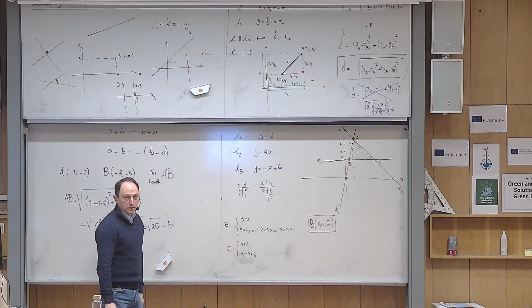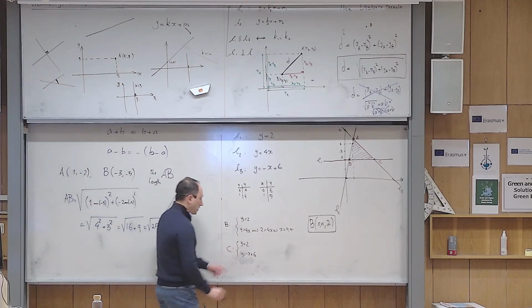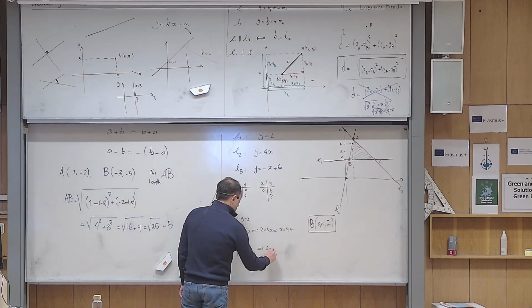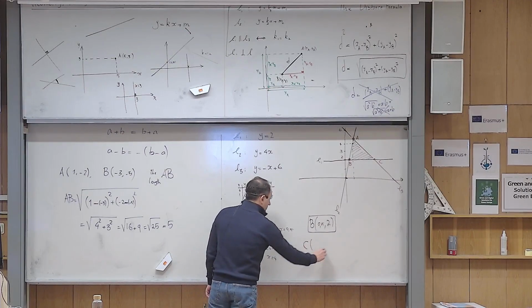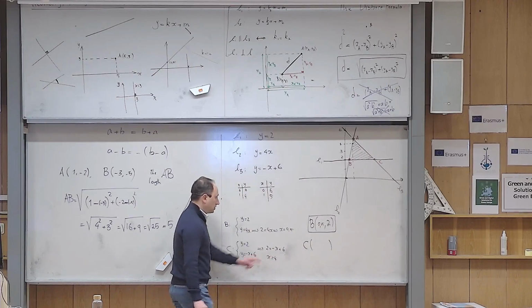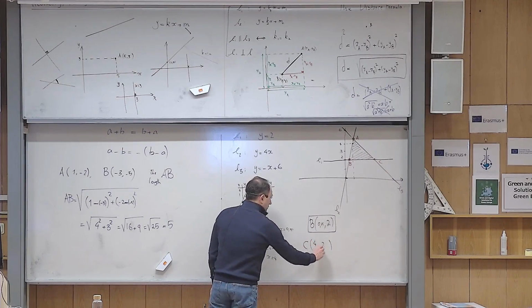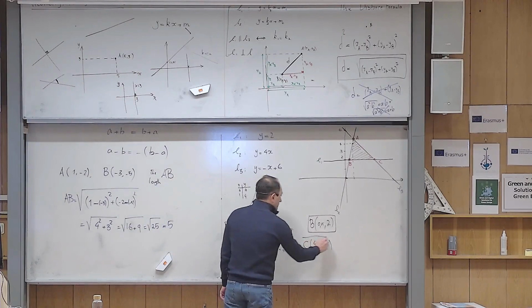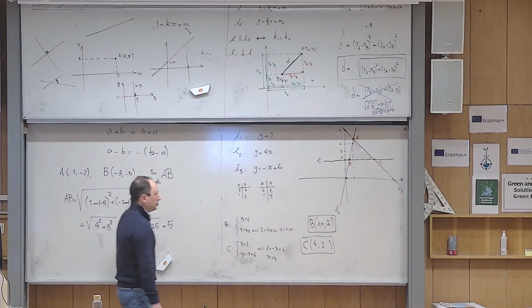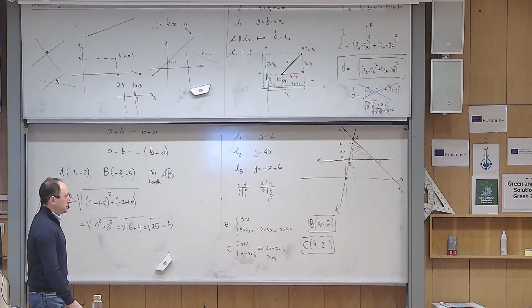I have to solve the system. But instead of y, I can immediately put 2. So then it means that x is 4. So then it means the point C has x coordinate 4 and the y coordinate still is 2. Yes? So these types of problems are not hard. Yeah, but you have to be patient a little bit.